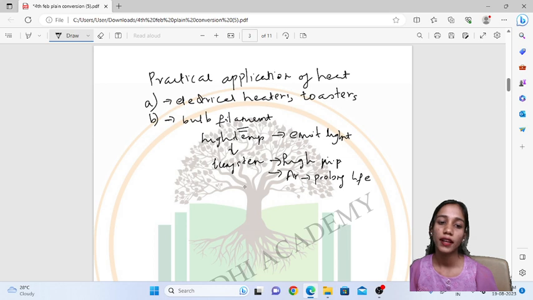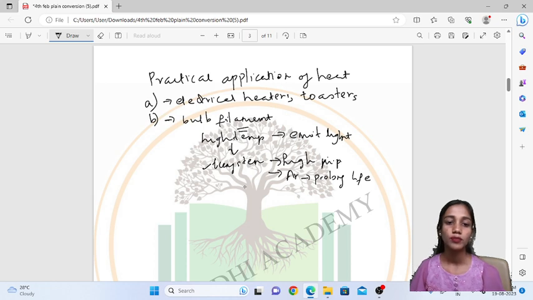So the material is tungsten. Tungsten is used to make the bulb filament. And the second important thing here is that the filaments are kept in an environment with argon and nitrogen gases, which are inert gases. The main reason is to prolong the life of these filaments.